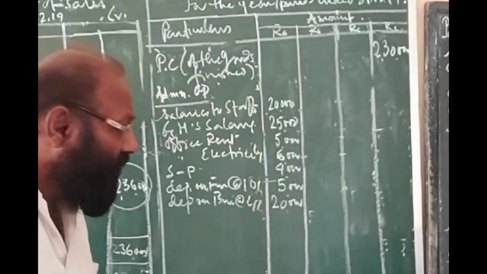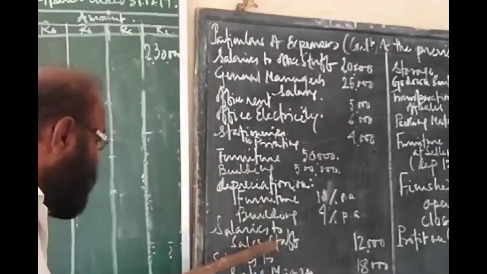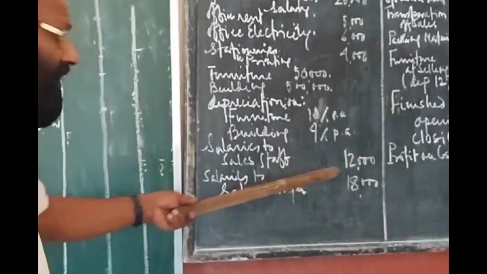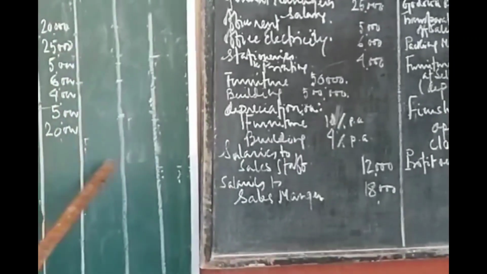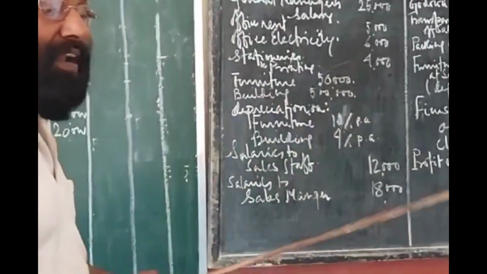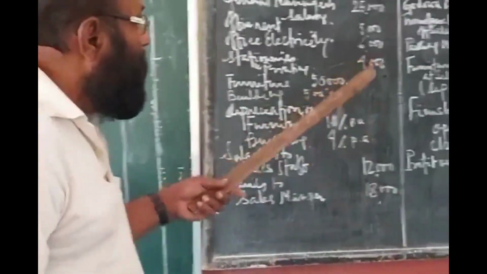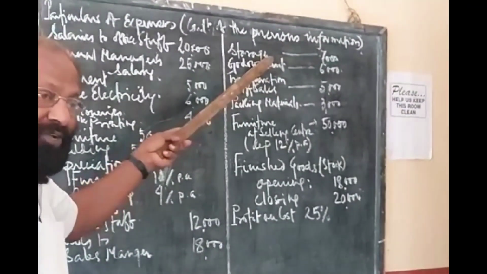Now see what is the other information given here. Salaries to sales staff. So it is sales or selling overhead. It is not to be considered over here. Salaries to sales manager is also to be considered under the head of selling overhead. Now storage. Storage is basically a part of distribution.